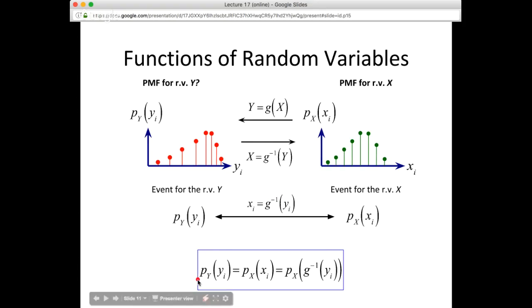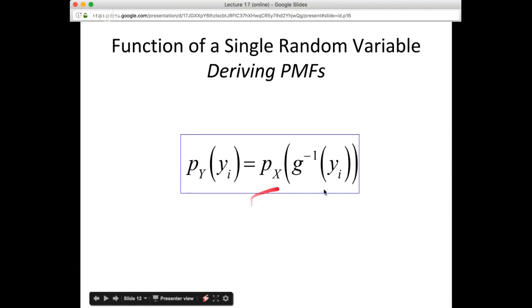And so if we run with that concept, we basically say that the probability that the random variable y will equal yi is equal to the probability that x equals the corresponding xi, which is given by g inverse of yi. And so the conclusion is that for PMFs, it's actually pretty straightforward to derive a PMF for the random variable y from the known PMF of the random variable x by simply substituting for x the g inverse of yi. So that's the strategy that we're going to use for deriving PMFs.